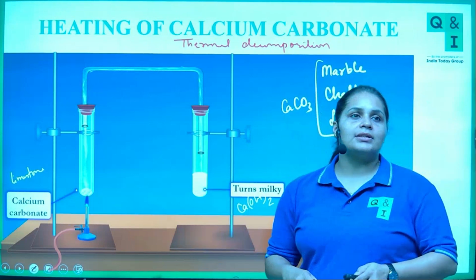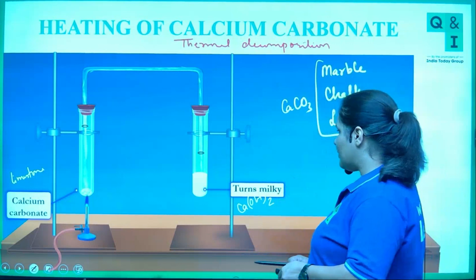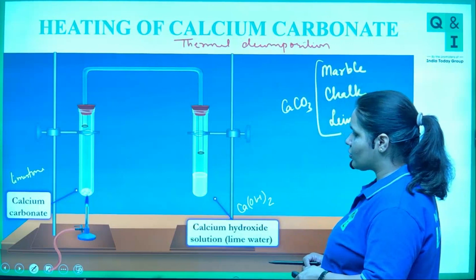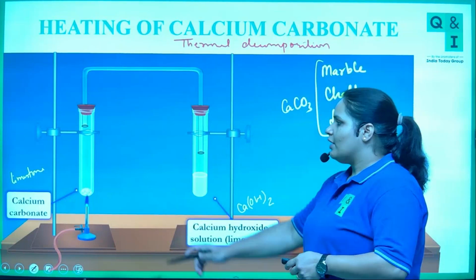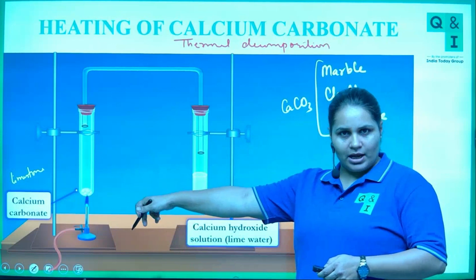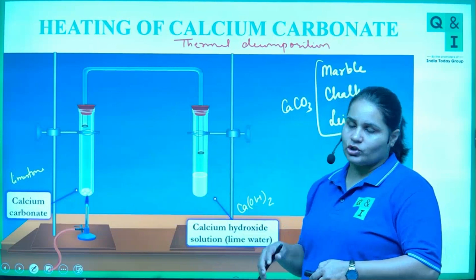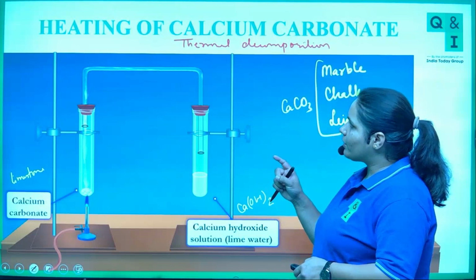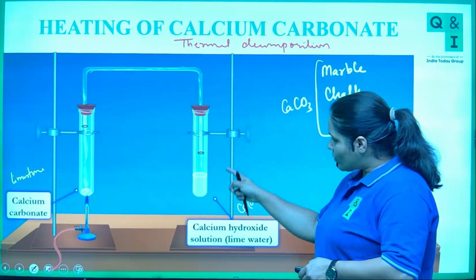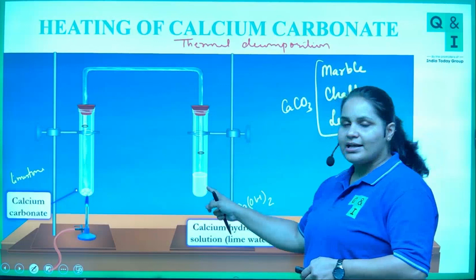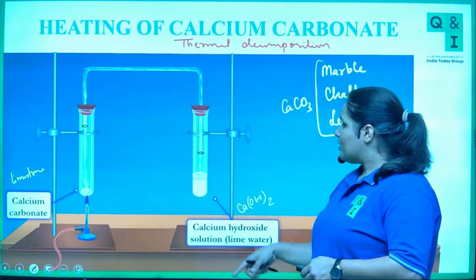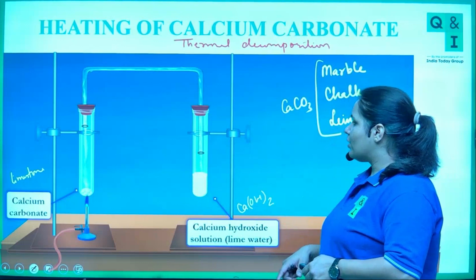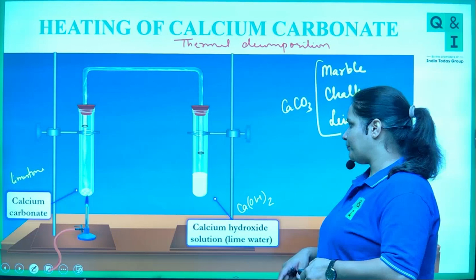It turns milky. I'm again telling you what is happening. Again, I'll show you the activity here. We are heating calcium carbonate, means limestone, in a dry test tube, and we observe a gas being evolved, which goes through this tube into the next test tube, and the lime water turns milky.